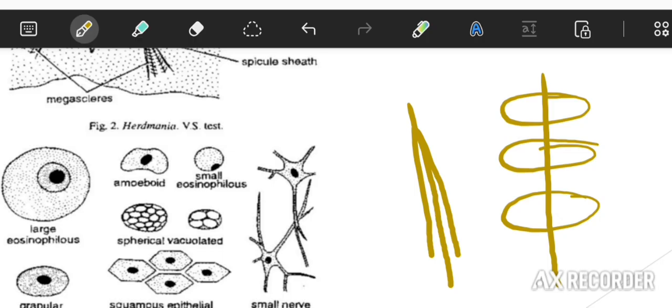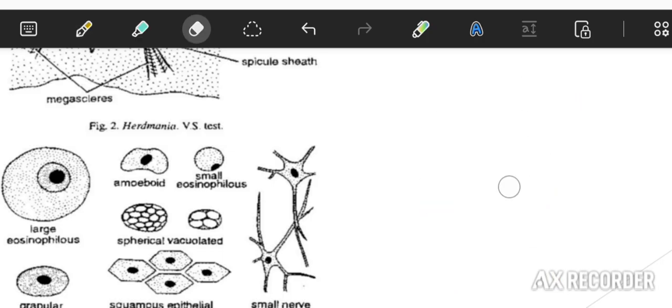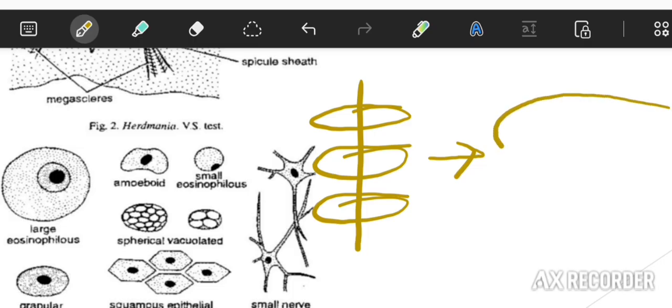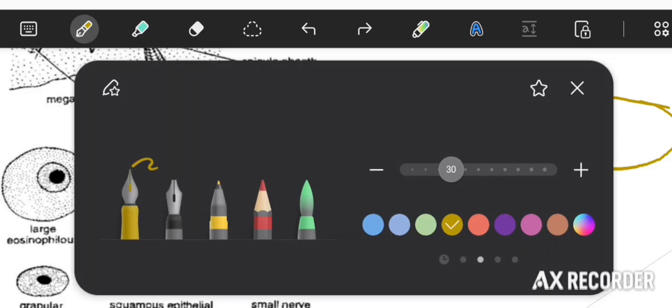Okay, and these rings, the equidistant rings are present here, and if we zoom in on a single ring, this one is the circular ring which bears spines.